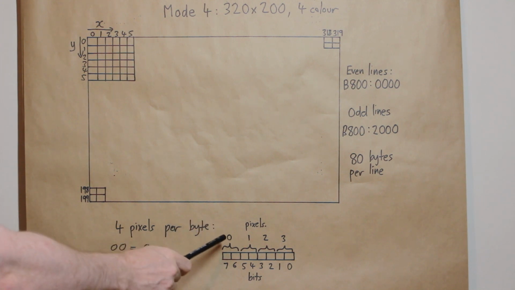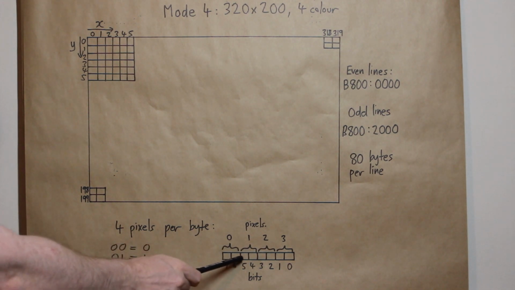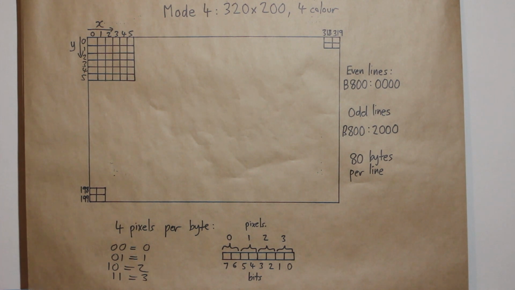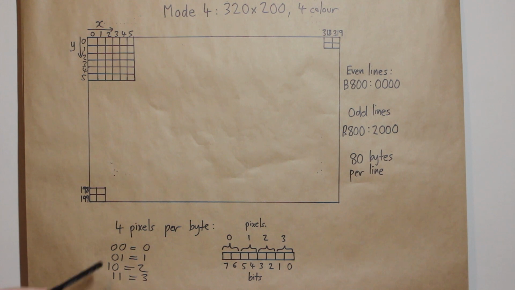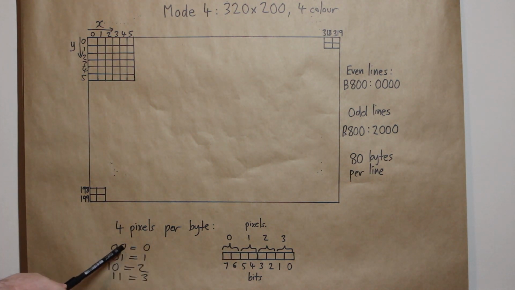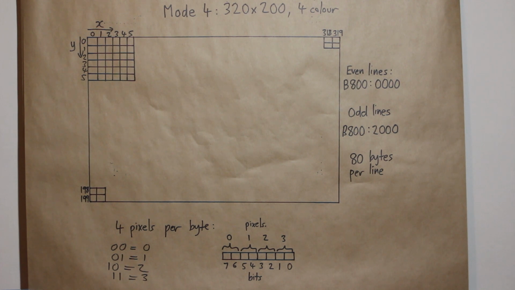But the pixels are in the other order. You actually have pixel 0 within the byte at the top of the byte, so bits 7 and 6. And so there are actually 2 bits per pixel, and that means that there are 4 possible values for each pixel. There's 0, 1, 2 and 3. These are binary values, of course, 00, 01, 10 and 11. But they correspond to the decimal values 0, 1, 2 and 3. And these are the colors of the pixels.